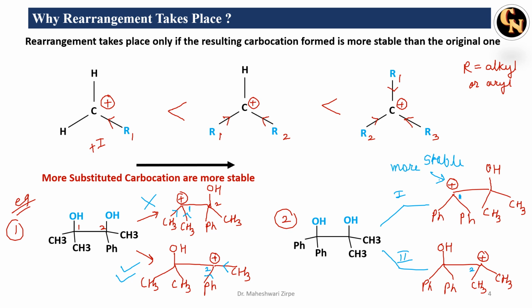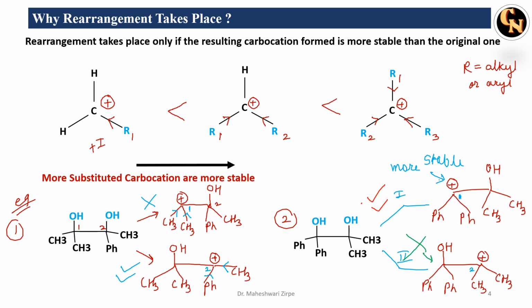So you will find that the second path is not followed, but path 1 will be followed, and you will get the product of this one, that is, the first carbocation will be formed and then the migration or rearrangement will take place.